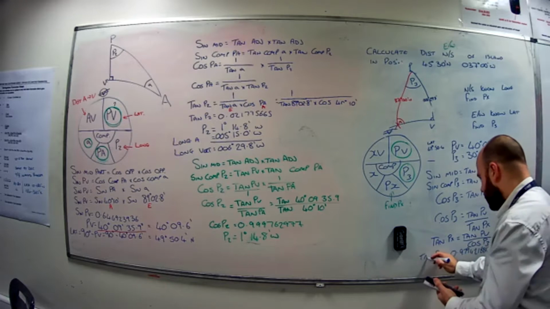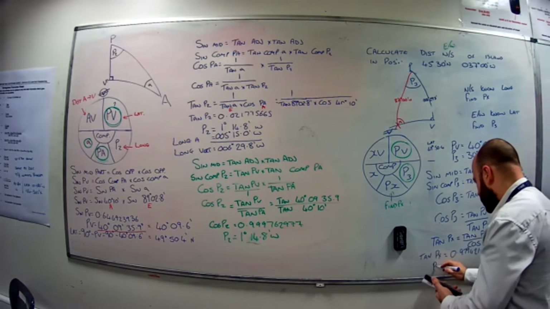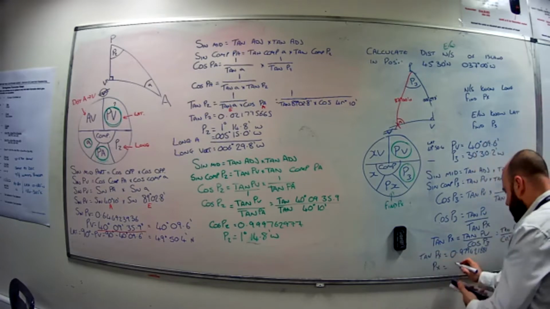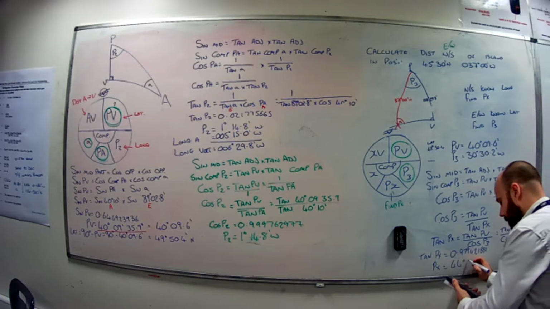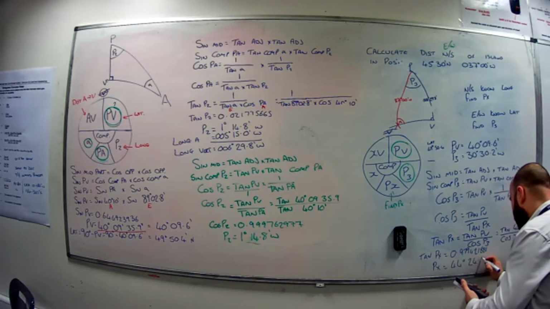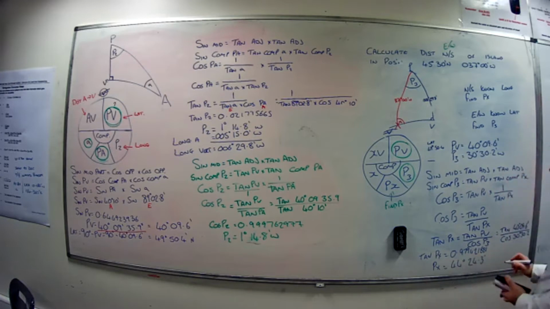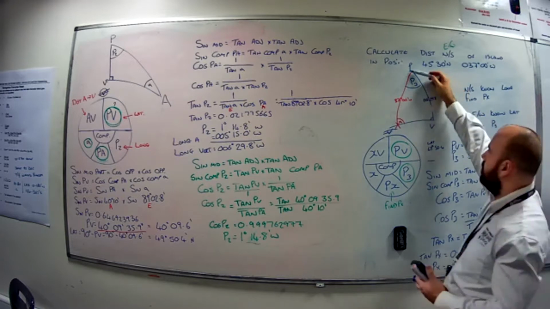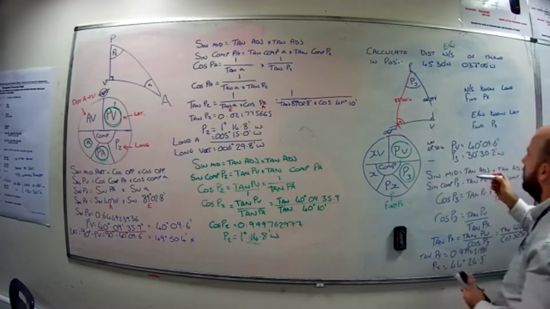Oh, sorry, that's the tan of PX. So PX is 44 degrees 24.3 minutes. Now PX is the difference from the pole to the latitude of X.